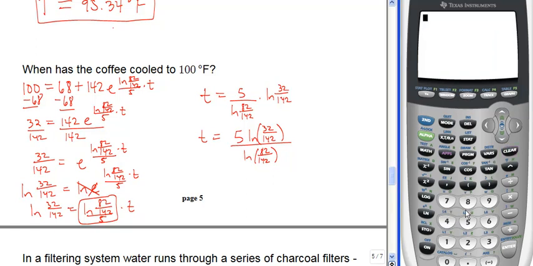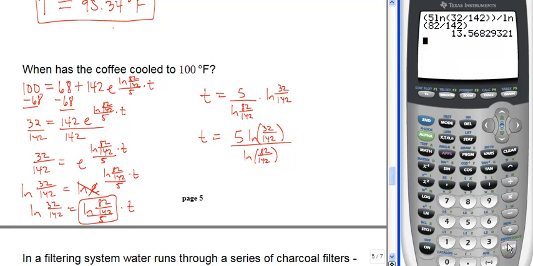So we'll take parentheses 5 ln of 32 divided by 142, close the parentheses for the ln, close the parentheses for the numerator, and then we're going to divide that by the ln of 82 divided by 142, close the parentheses for the ln.